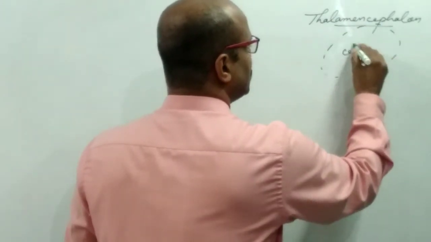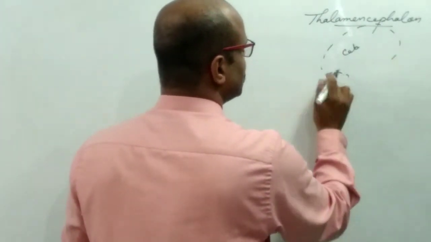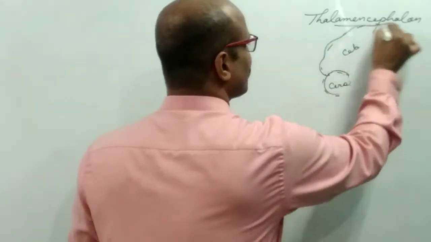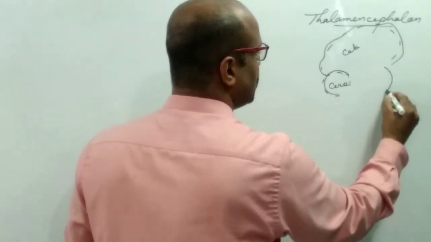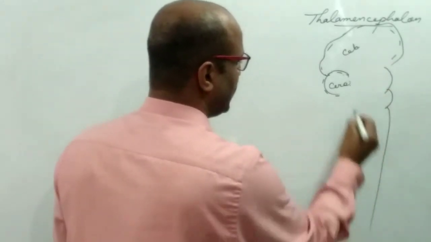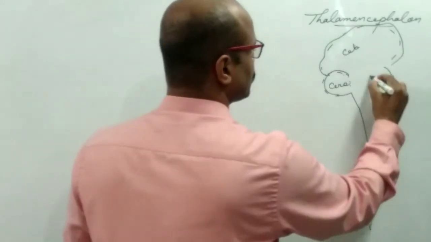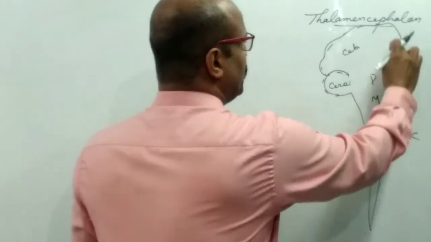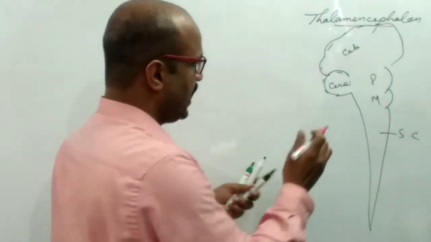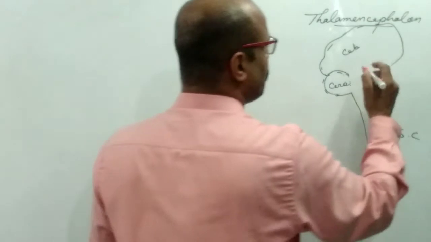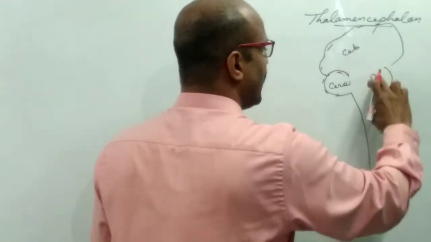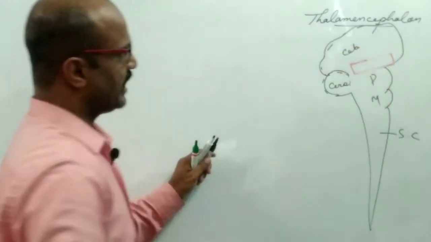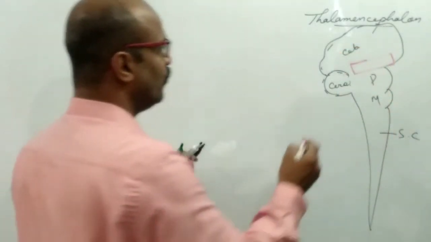Suppose that this is the cerebrum, this is the cerebellum, and this is the pons, medulla oblongata, and the spinal cord. So, below the cerebrum and the upper region of the pons, in between the cerebrum and the hindbrain, the diencephalon is present. The diencephalon is the third part of the forebrain.